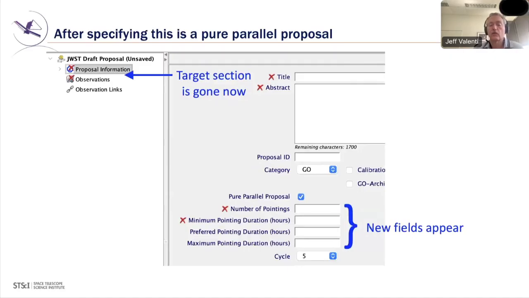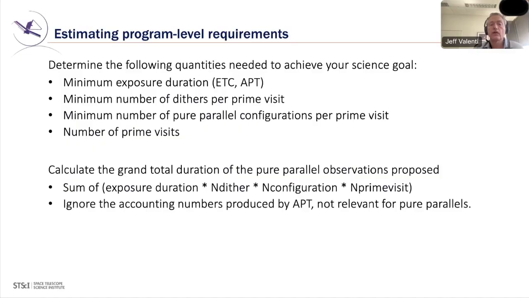There's the total number of pointings you think you need, the minimum duration you need at each pointing, and the preferred and maximum are optional, but you can specify those as well. Fundamentally, to estimate these program level requirements, we're going to need to determine the following quantities to achieve your science goal.